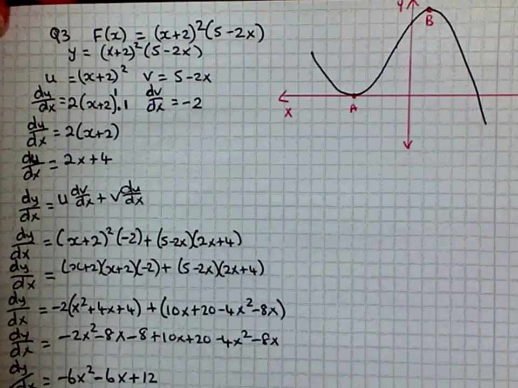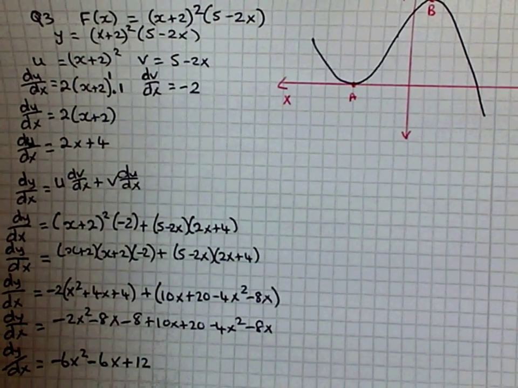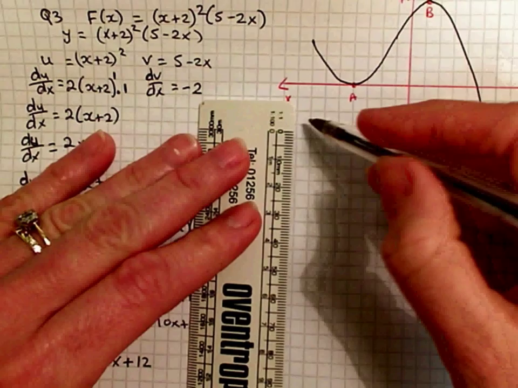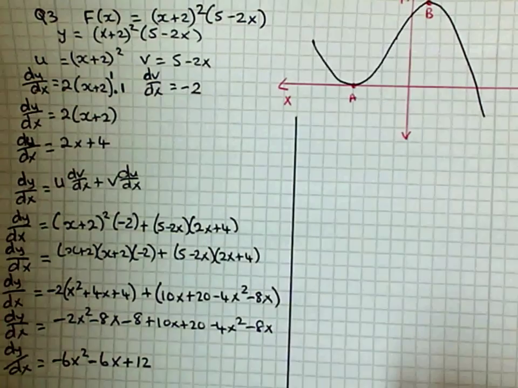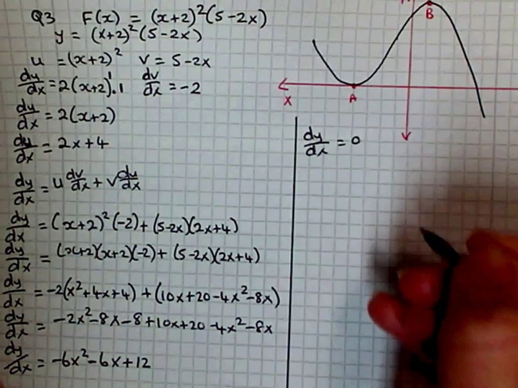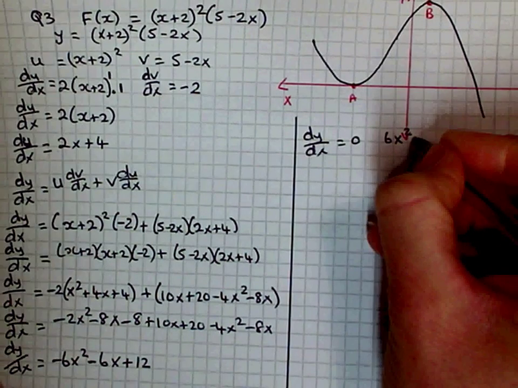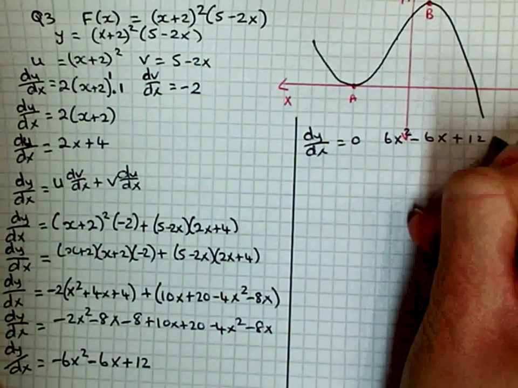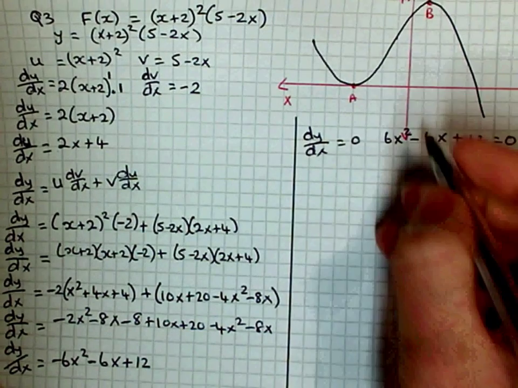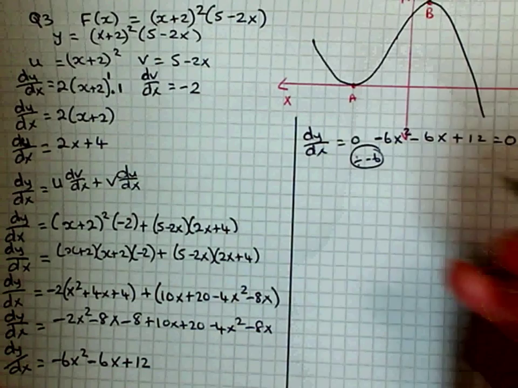So now what you do is you let dy dx equal to 0, okay? So you solve. You take your differential dy dx and you let it equal to 0. So you have your minus 6x squared minus 6x plus 12 equal to 0. First thing I'm going to do is divide across by minus 6.